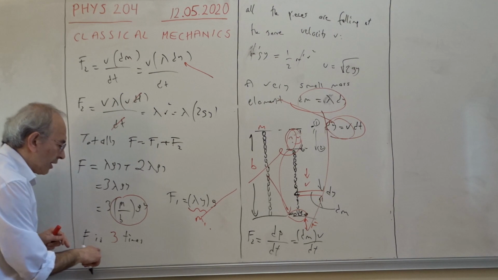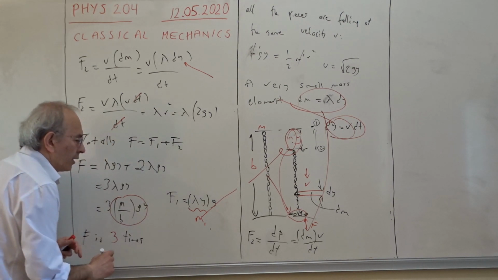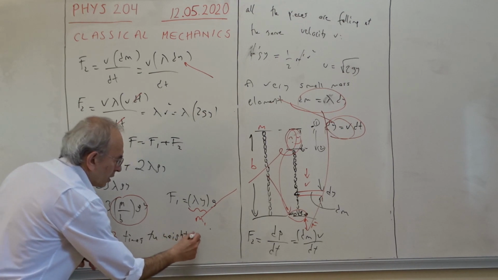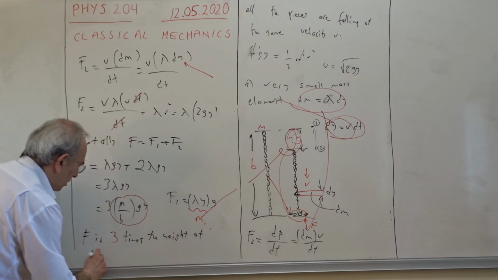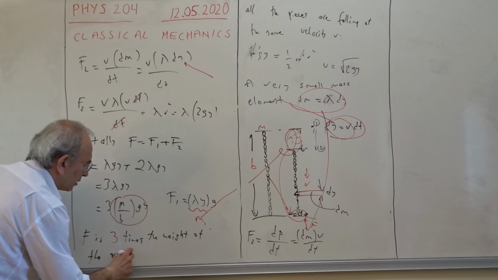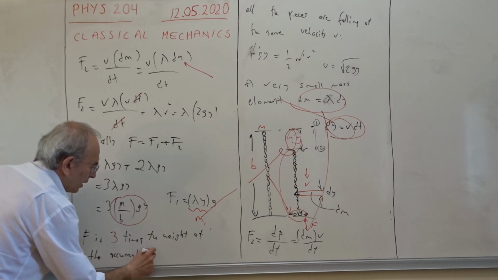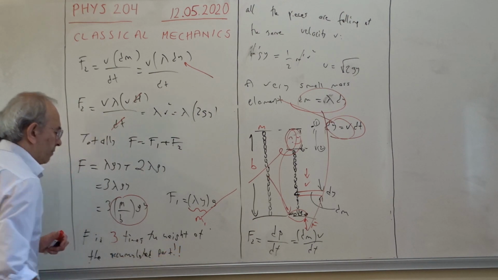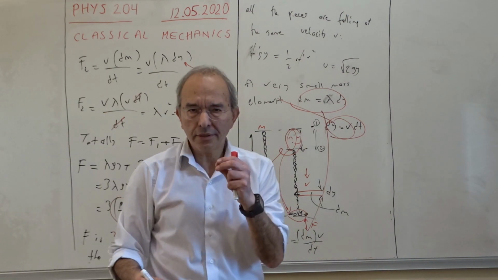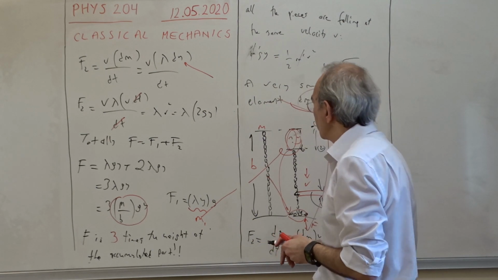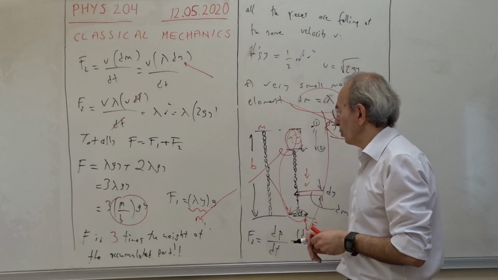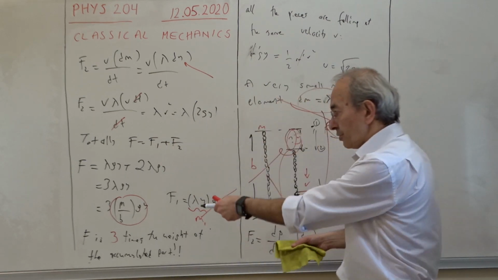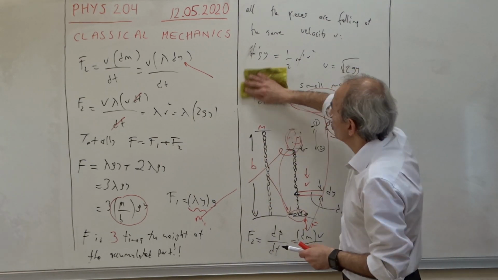So F is 3 times the weight of the accumulated part. This is quite interesting, huh? So let's consider some numerical values. This is quite an important conclusion.